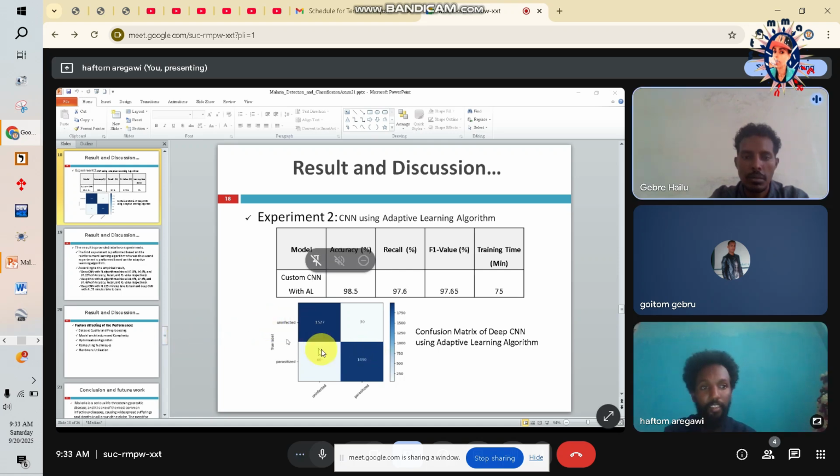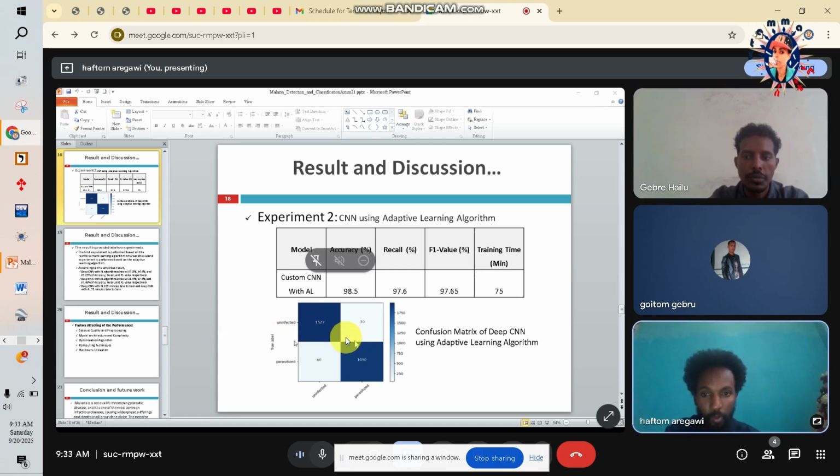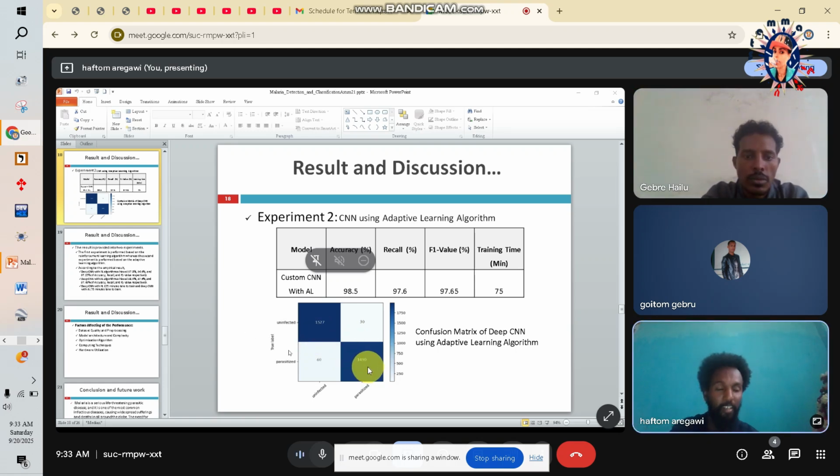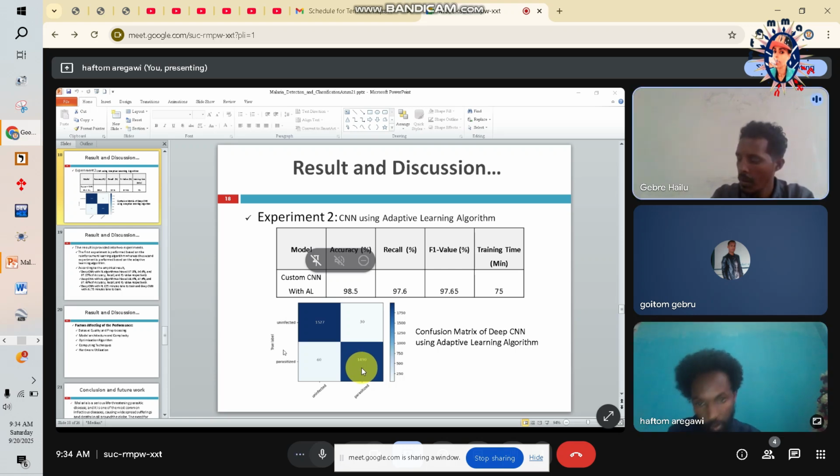For more detail, let's see the confusion matrix. The two blue colors are for the true values: the first one, 1527, for infected or parasited samples, and the second one, 1490, for uninfected or negative samples.